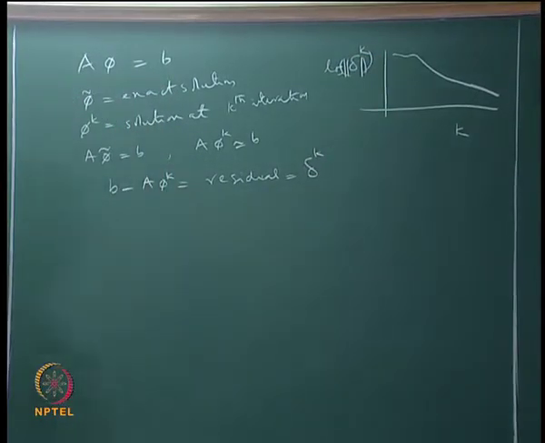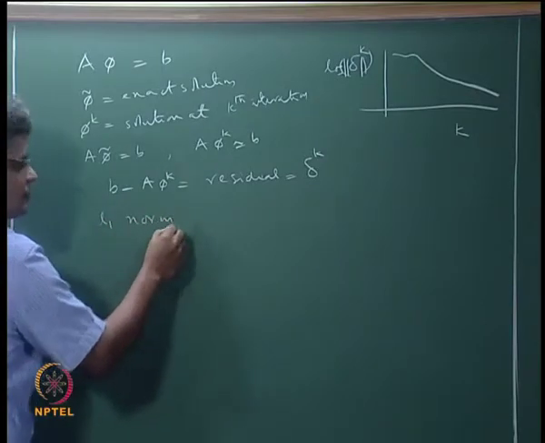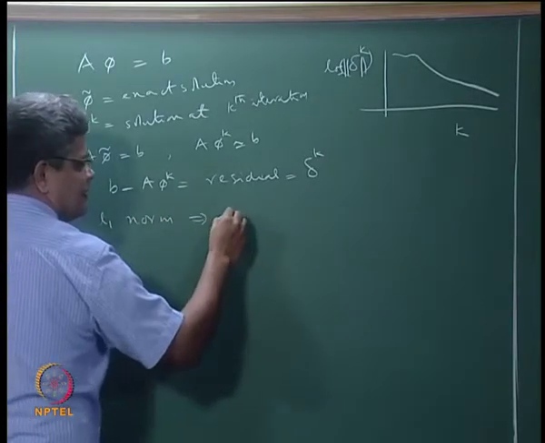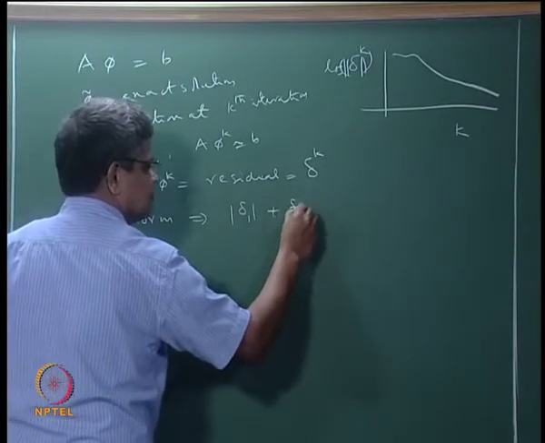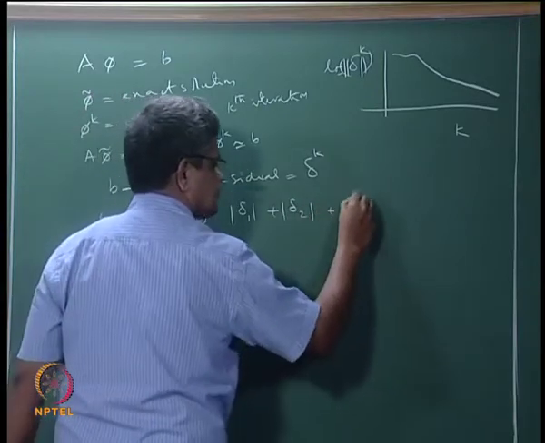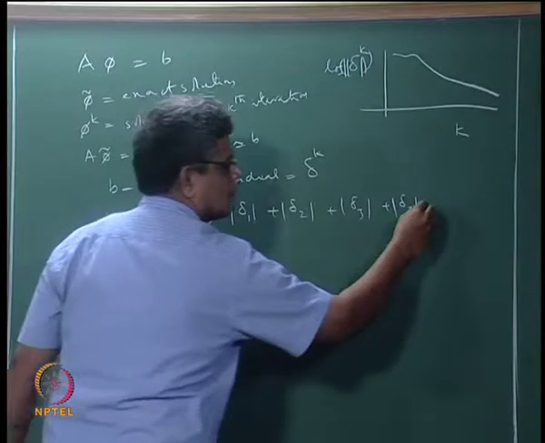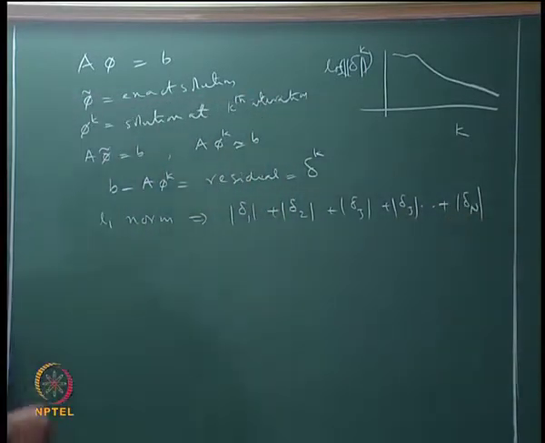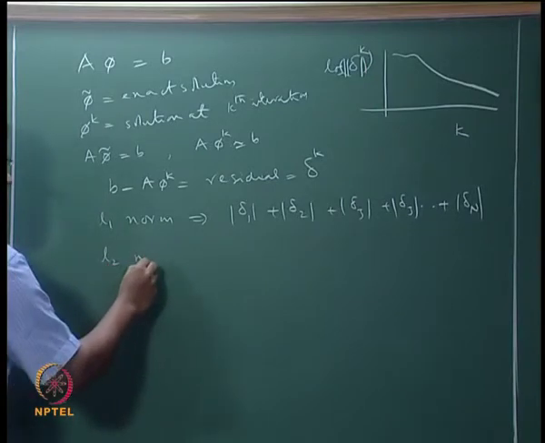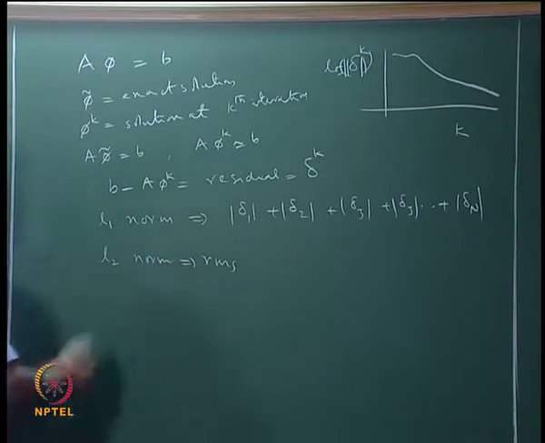The norm can be either the L1 norm, which is the sum of the absolute values, or it can be the L2 norm, which is the RMS, root mean square value.